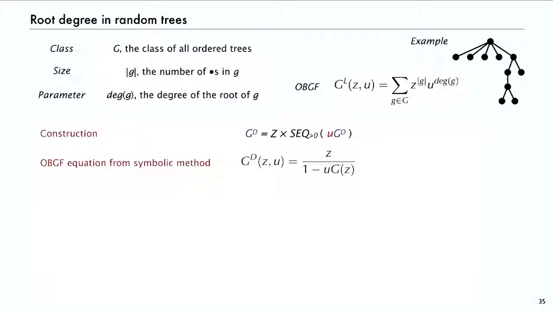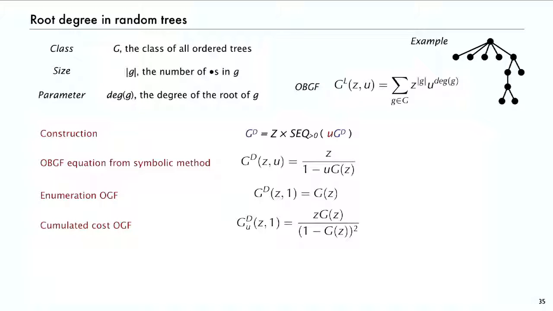So that immediately gives, again, the ordinary bivariate generating function equation, and evaluated at u equals 1, again we get what we got for regular Catalan.